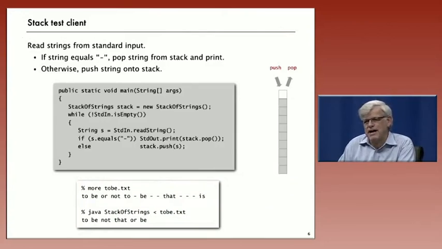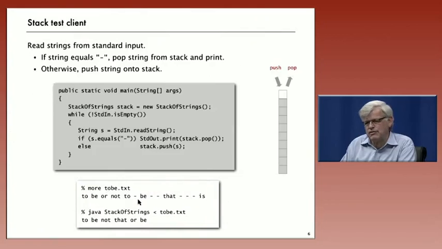Otherwise, if it's a string that's not equal to the hyphen character, it'll just push it onto the stack. So in the example down below here, if we have this file called tob.txt, then what the client will do is push to, be, or, not, to all on the stack.